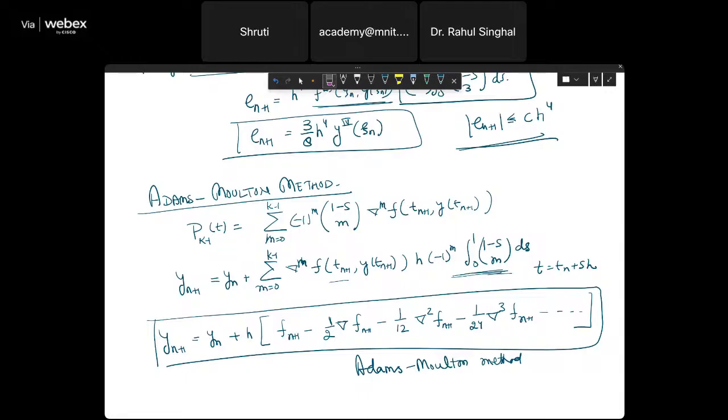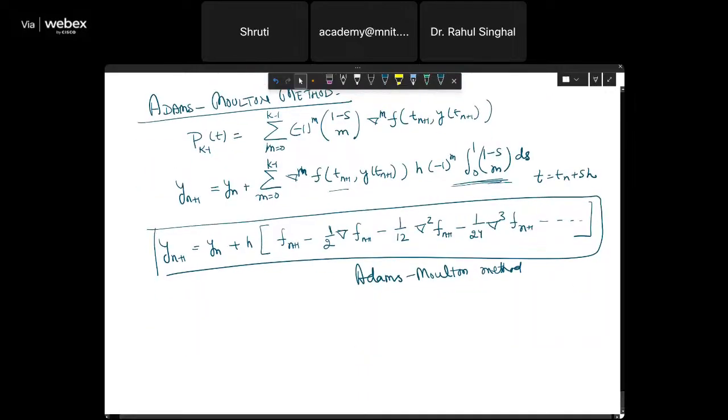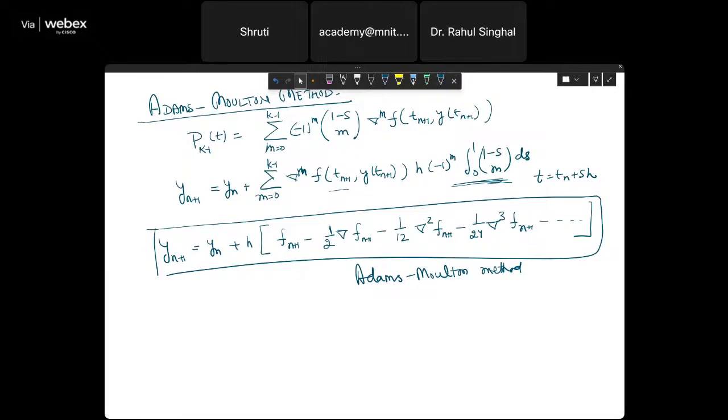So putting in different values of k, or different cases of k, we can find the different order Adams Moulton methods. So for example, if you take k equal to 1, that is, if you take the interpolation polynomial of degree 1, then the Adams Moulton method will convert to the backward Euler method.